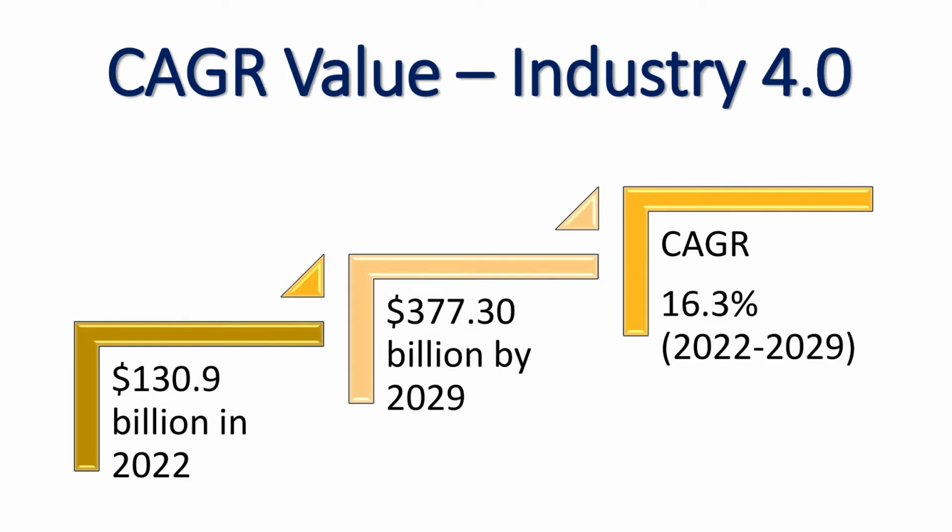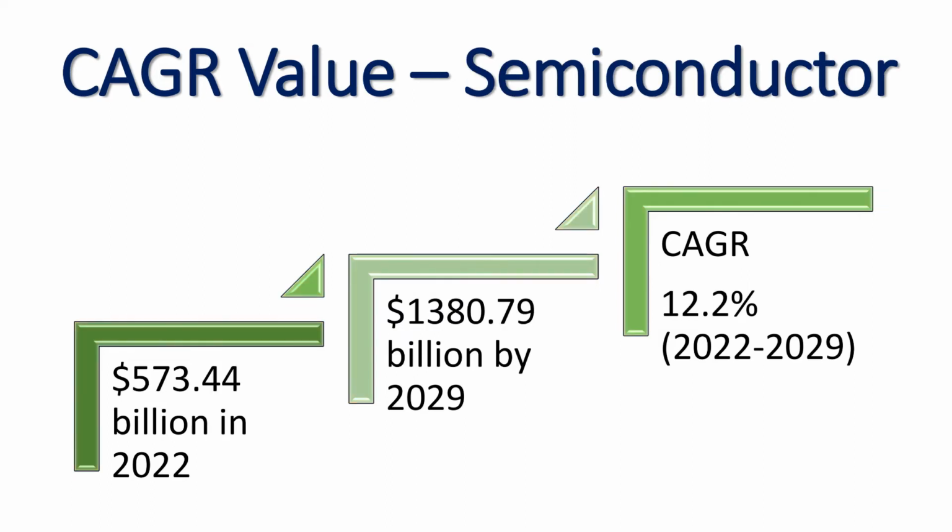Similarly, CAGR for Industry 4.0 has an initial value of $130.9 billion in 2022 and $377.3 billion by 2029 with a CAGR score of 16.3%. For semiconductors, the initial value is $573.44 billion in 2022 and $1380.79 billion in 2029 with a CAGR of 12.2% from 2022 till 2029. So you observed in different examples that different industries have different CAGR values.